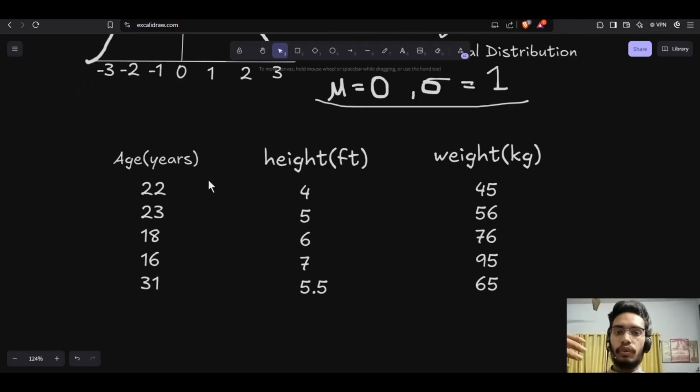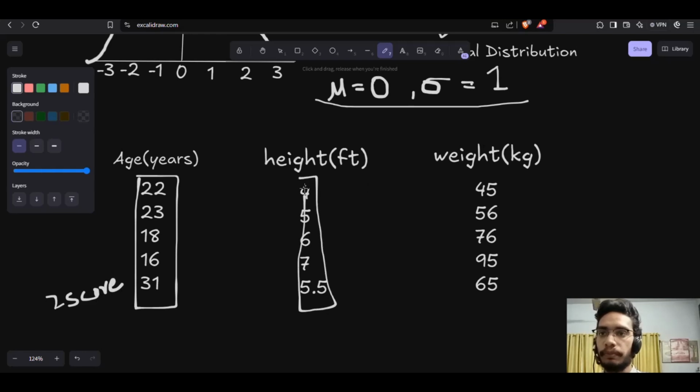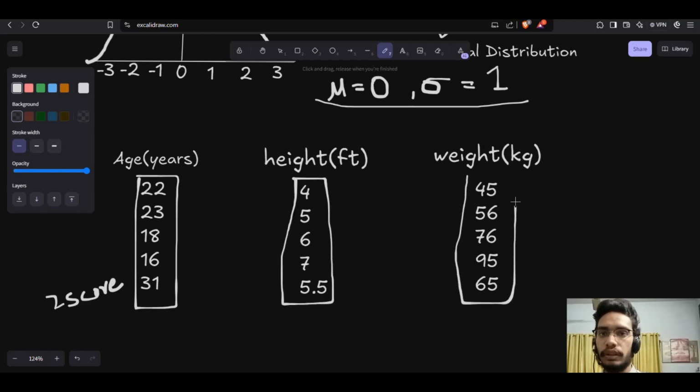If I wanted to standardize it, I will calculate the z-score of all of the values present in this age column. I will apply this z-score method on all of these values in this column, and again for these values, also for these values.